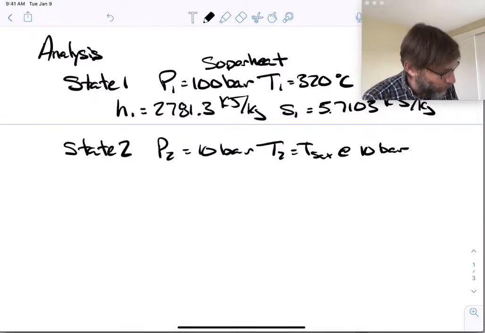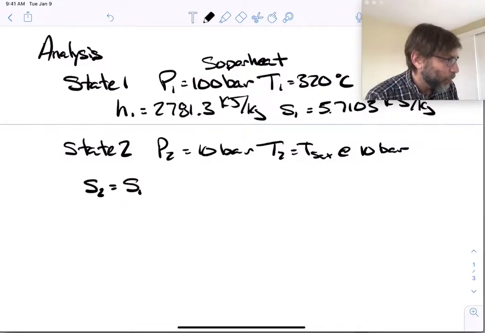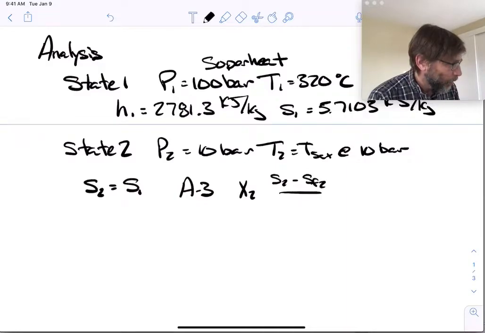But to find the enthalpy, we have to find the quality. To do that, you assume that S2 is equal to S1. So if we look at Table A3 at a pressure of 10 bar, the quality X2 is S2 minus SF2 over SG2 minus SF2.